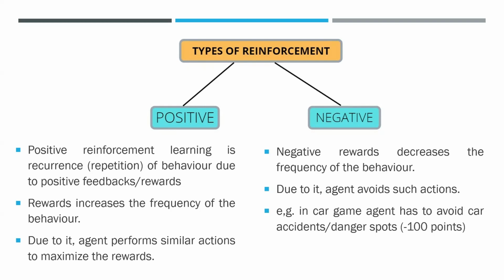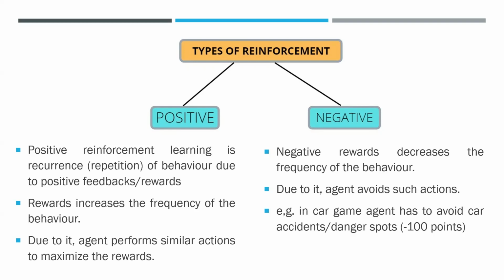So when the dog repeats the action of catching the ball, the dog comes to know, okay, when I catch the ball I will get the reward. These types of feedback are called positive feedback.